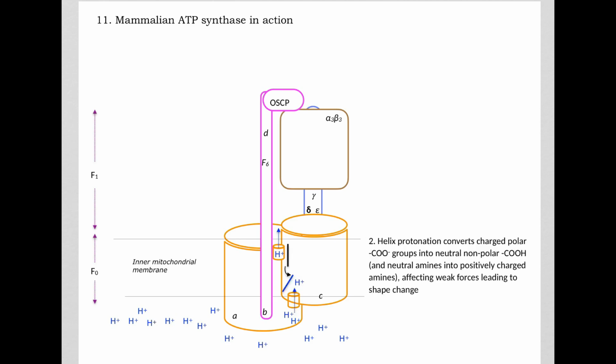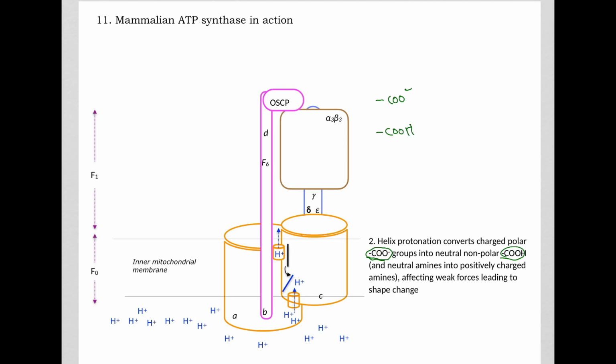Now remember from the videos on proteins, when there are a lot of amino acid R groups, they can have COO minus. So when a carboxyl is in a COO minus form and it becomes protonated, then you get COOH. So it's a big difference between COO minus and COOH.